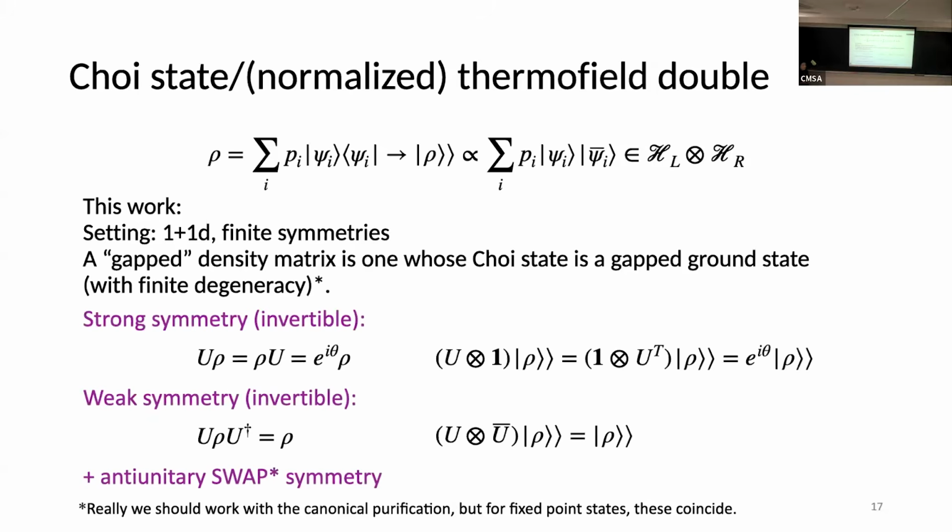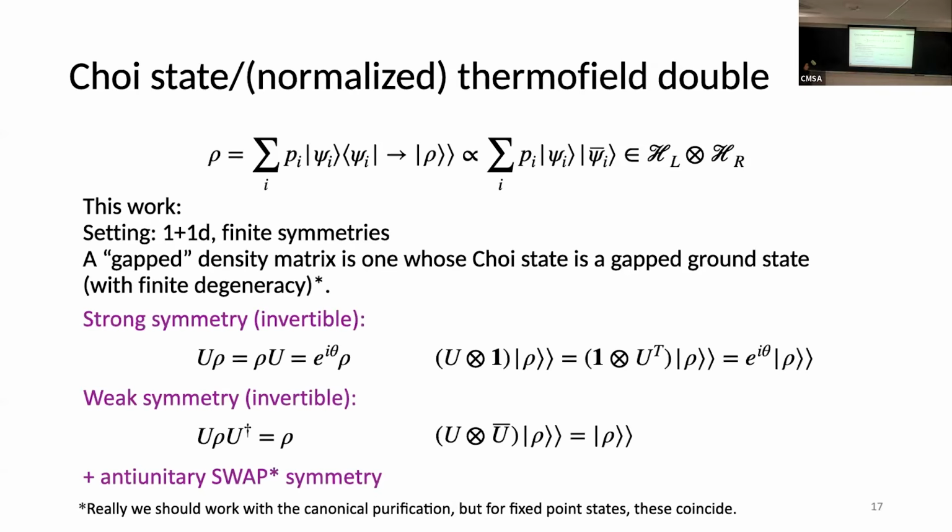Now we can map these strong and weak symmetries into symmetries of this pure choi state. The strong symmetries will end up being operators that act on one half of the Hilbert space. So the left acting operators on the density matrix will map onto U tensor identity operator. This U only acts on H_L.